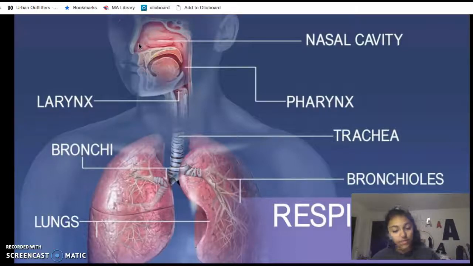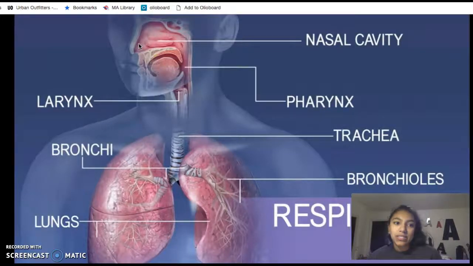it then goes through the pharynx, which is the throat, which connects to the larynx. And the larynx contains the voice box, and after it goes through the larynx, it then passes through the epiglottis, which is a flap that prevents food and liquid from entering the airway.